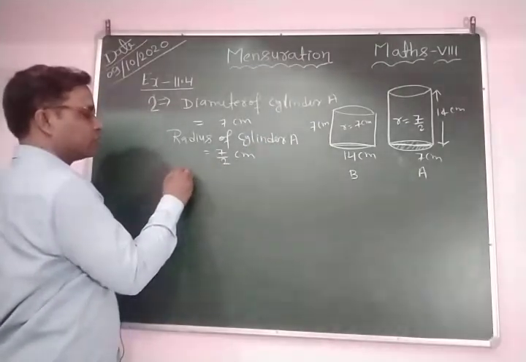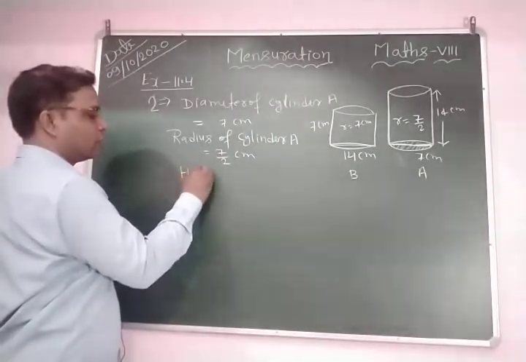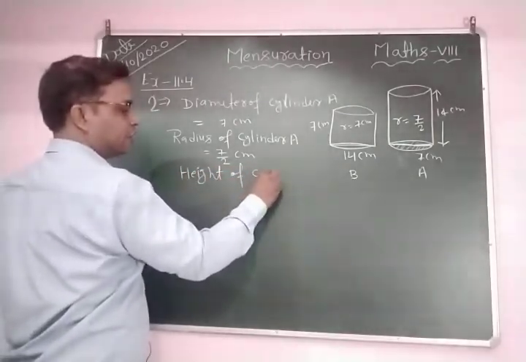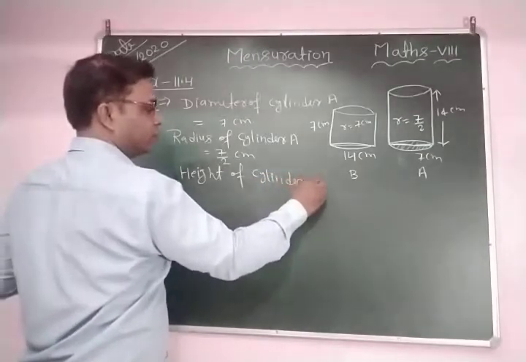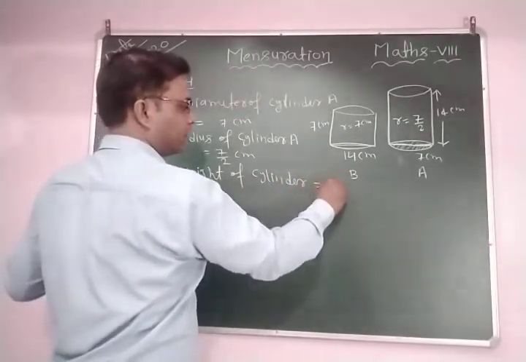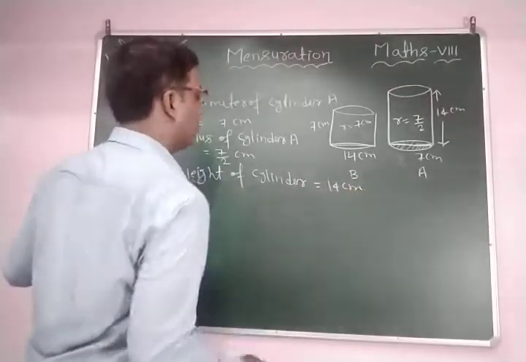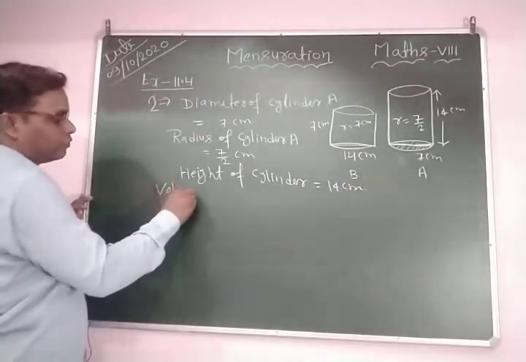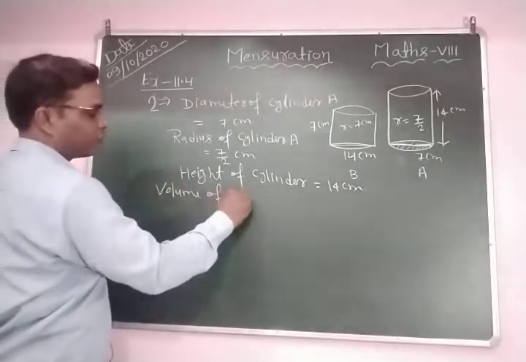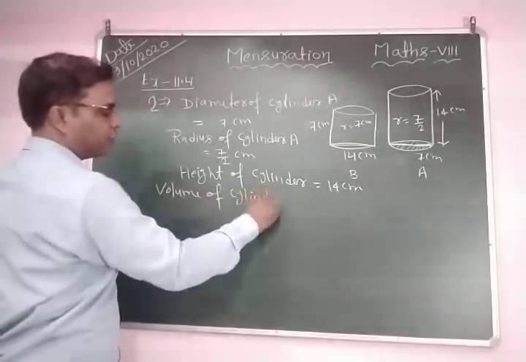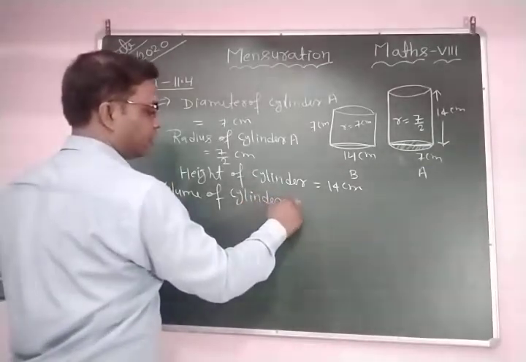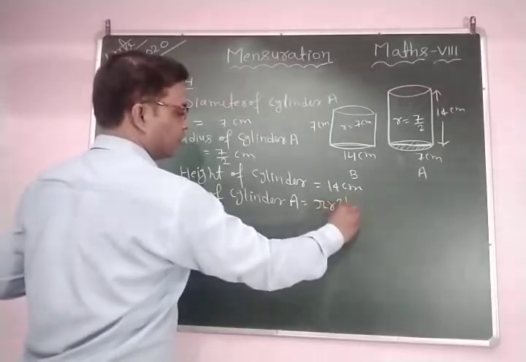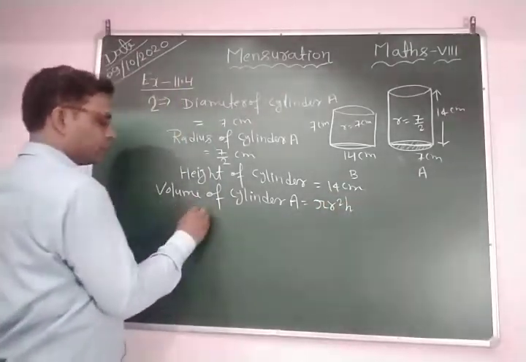Height is given also. The height of the cylinder is equal to 14 centimeter. So the volume of cylinder A is equal to pi r square h.